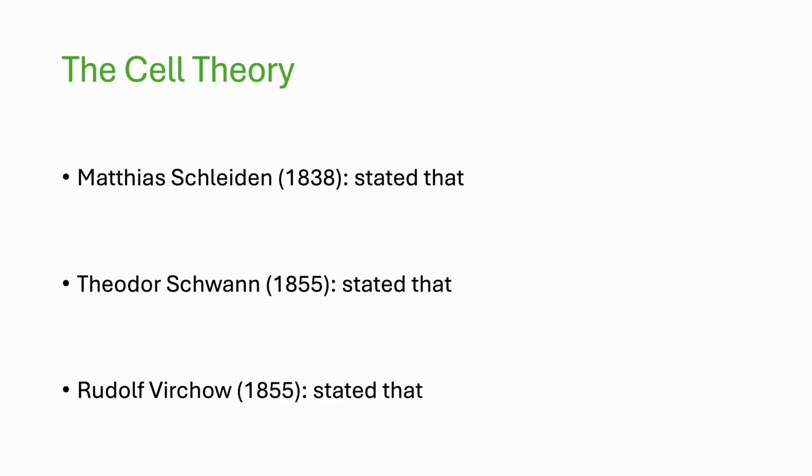So, the cell theory was then developed a little bit later by three scientists. Matthias Schleiden stated that all plants are made of cells. So every plant that he looked at was composed of these microscopic units of cells.